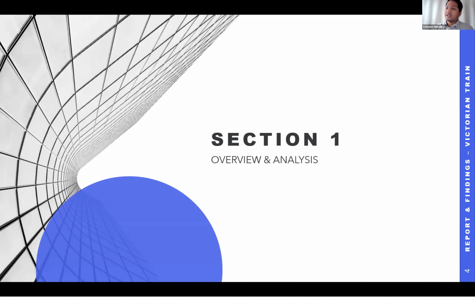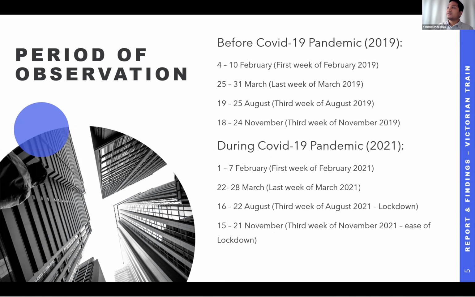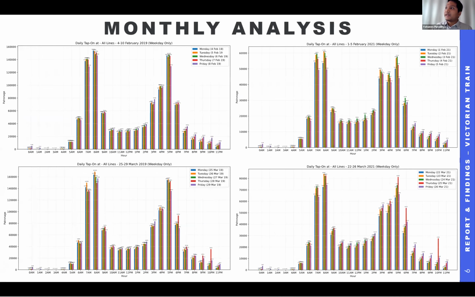So the first section is the overview analysis. This is the period of observation. We can see that during 2019, between 7 and 9 a.m. there is a peak in the AM, and from 4 until 6 p.m. there is a peak in the PM hours.